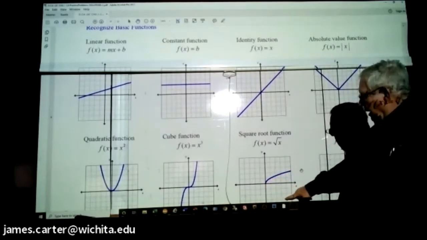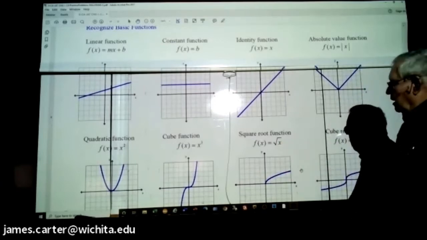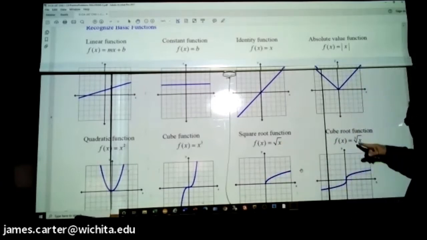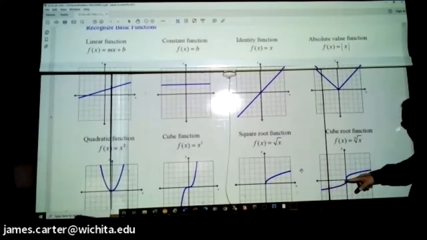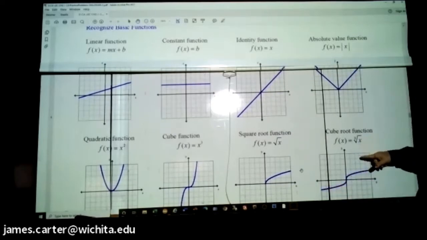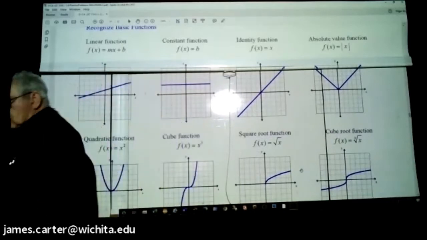And the reason we don't have the bottom half of this is because we can't have a negative square root. Cube root of x is this one at a 90-degree angle. The positive and negative doesn't bother us on this one, on cube root, because with cube root you can have negative x values.